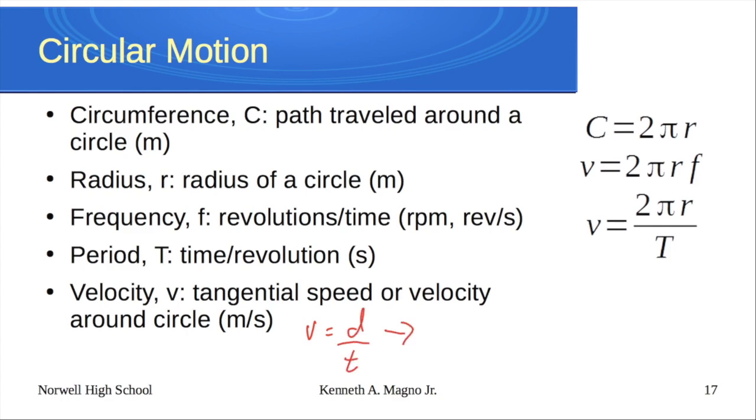Well, in this case, our distance is the circumference, and then our time, we can either think of as the period for those revolutions or as the frequency for those revolutions. All right? So we either end up with 2 pi r f or 2 pi r over period. Those are our two possible definitions for the velocity of something with circular motion.